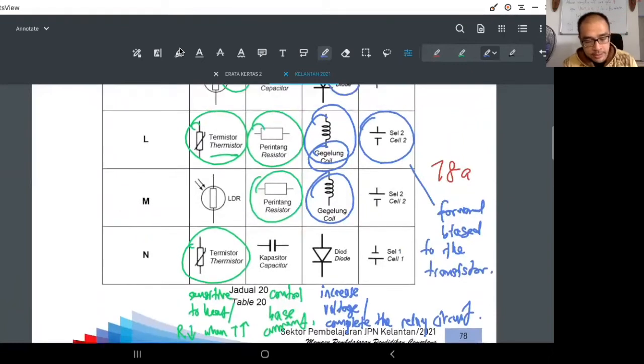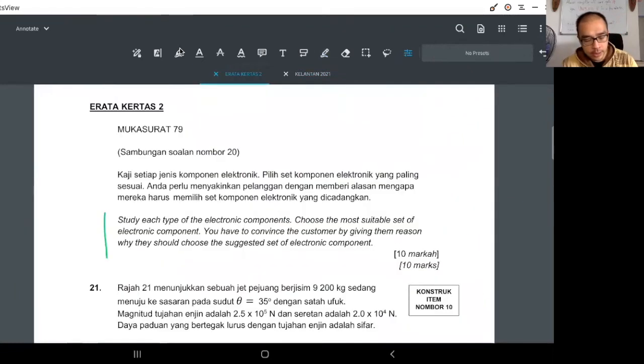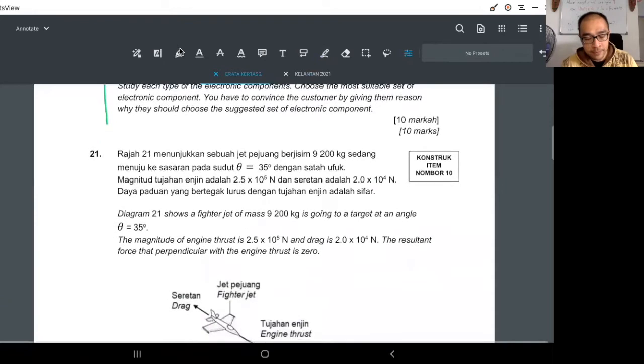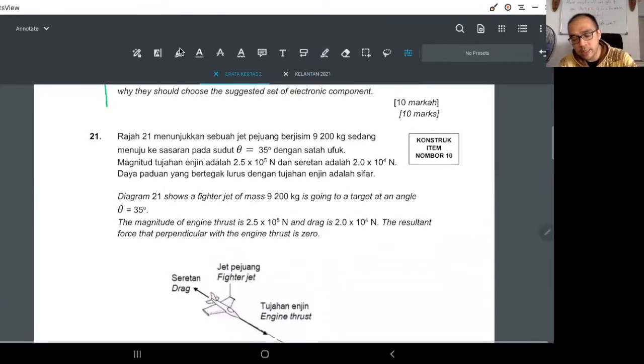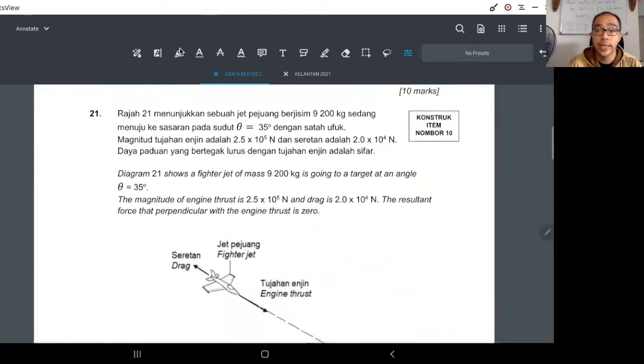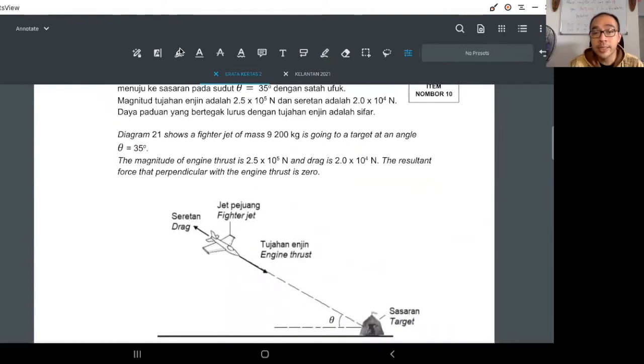Okay, all right. Let's go to question 21. I don't know why they say this is construct number 10 now, but it's pretty much the same thing anyway. But let's just go ahead with it lah. Diagram 21 shows a fighter jet of mass 9,200 kilograms, going at a target at an angle of 35 degrees.